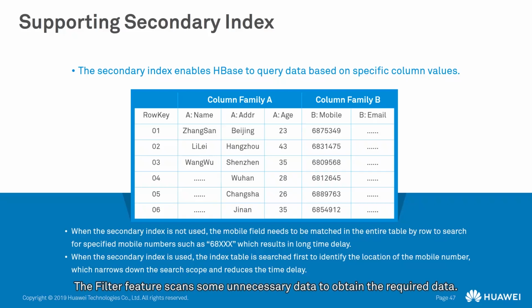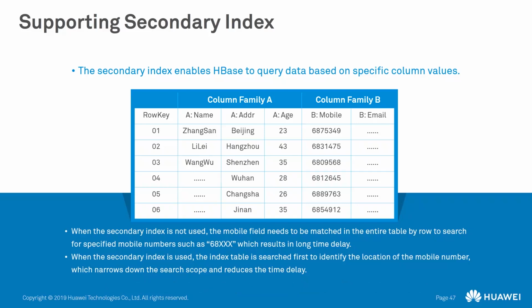The filter feature scans some unnecessary data to obtain the required data. Based on the preceding description, the filter feature cannot meet the requirements of frequent queries with high performance standards. To solve this problem, the HBase secondary index is generated. It enables HBase to query data based on specific column values.